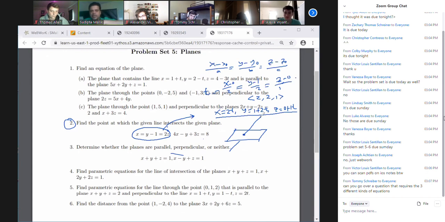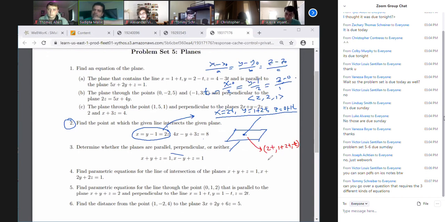That means for each value of t, this gives you a point on the line. So in particular, this point also has this form (2t, 1 plus 2t, t) for some value of t, right? So you need to find that value of t, then you're done.